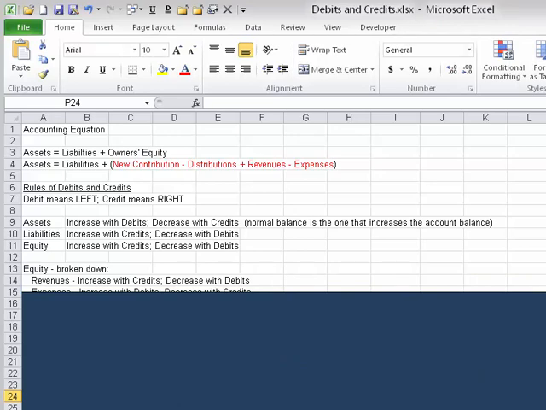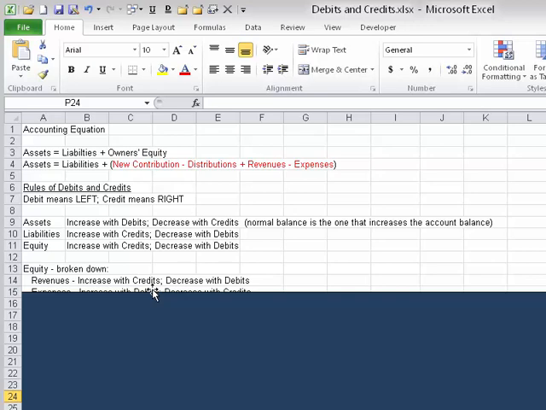Now revenues will increase owner's equity. It's got a positive right here, right? Plus revenues. By the way, when I say new contributions, if you remember from algebra, that positive goes right in front there. So we've got increases of new contributions minus distributions plus revenues minus expenses. So it would make sense that revenues will increase with a credit and decrease with a debit.